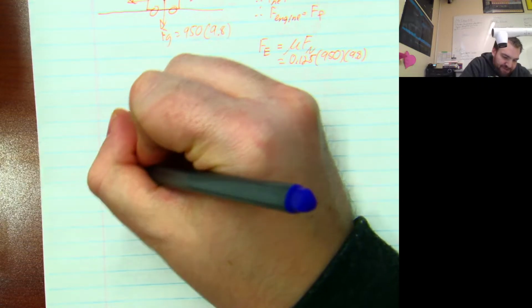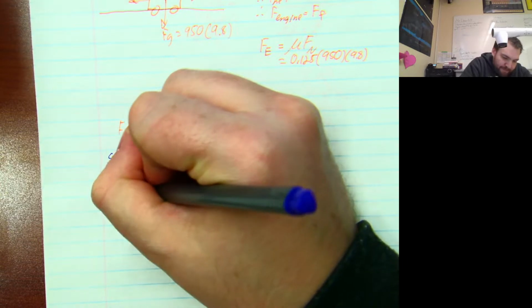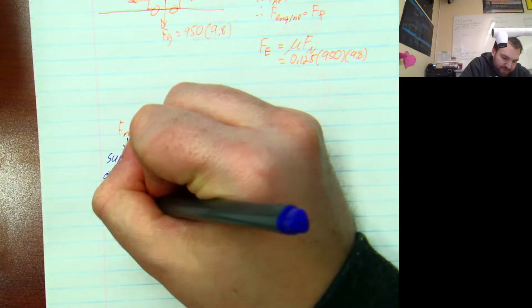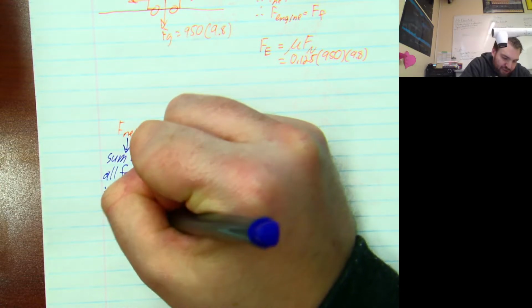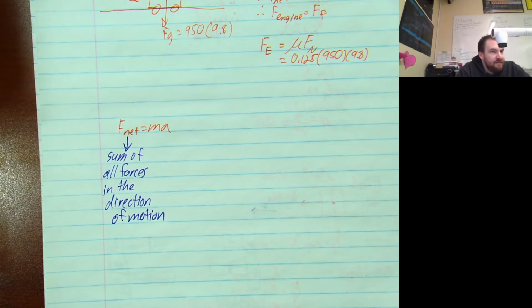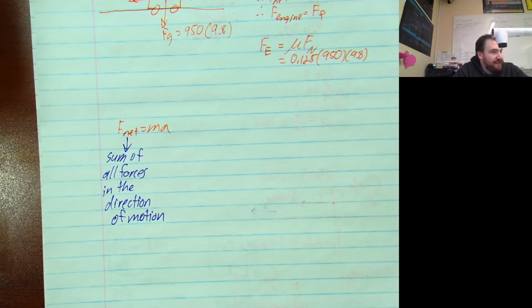Sum of all forces in the direction of motion. So if this thing's moving left, right, I need all my forces left and right in there. Some are going to be positive, some are going to be negative, because they can't all be positive unless they're all acting in the same direction, and you've called that direction positive.